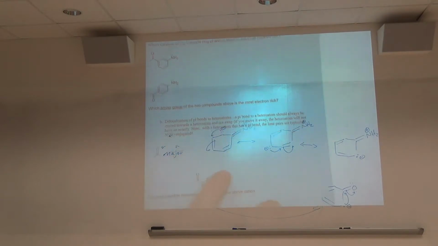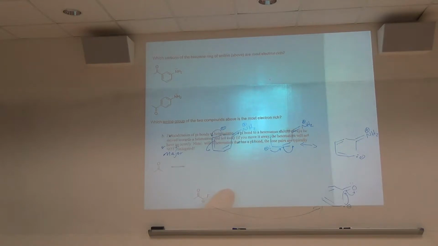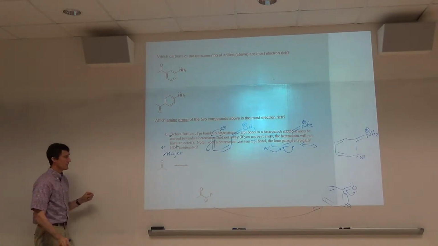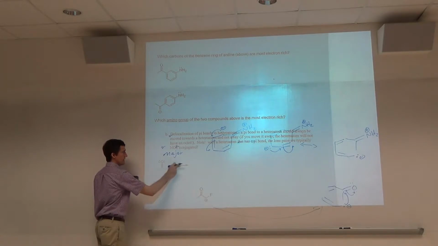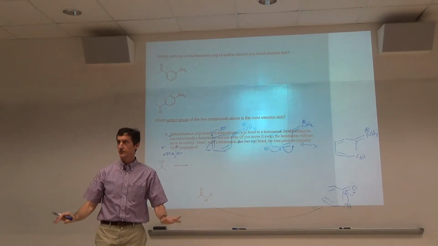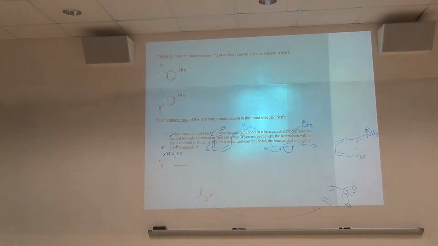Down here in B, delocalization of pi bonds to heteroatoms. Okay, down here we're also going to have a neutral compound, and we've got lone pairs. But these lone pairs are not to be used in resonance. Why not? You'd lose an option. What type of orbital are those lone pairs in?